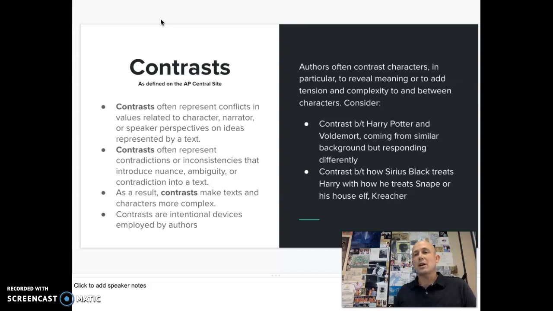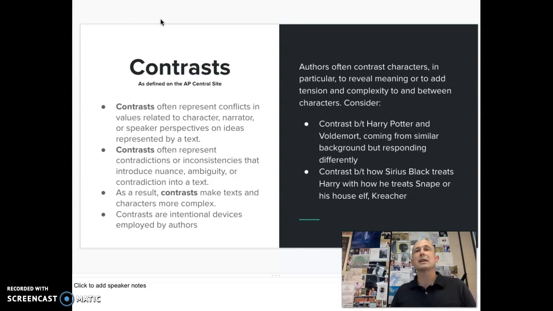So these contrasts are inserted and they help make the text more complex because we see that there's more than one way to respond in a particular situation. We see maybe the subtle differences that lie between order and chaos.